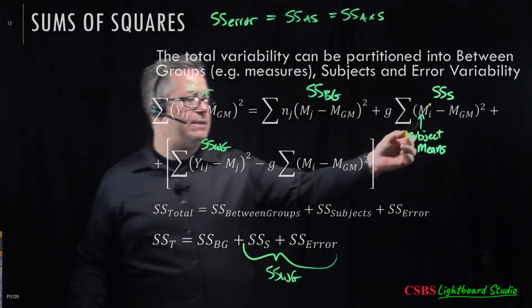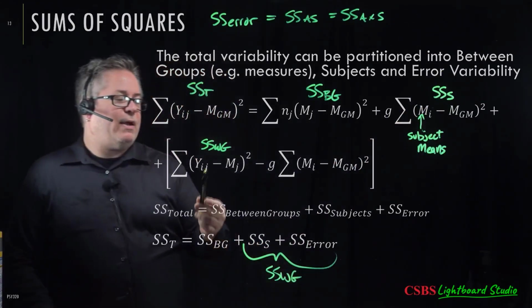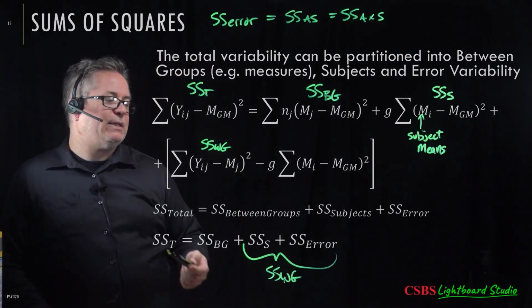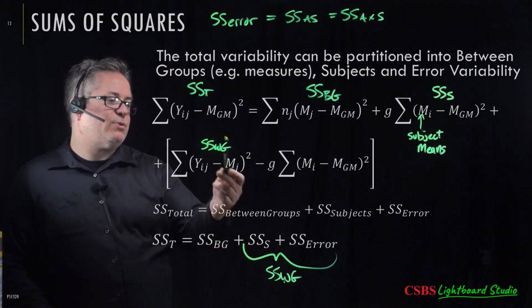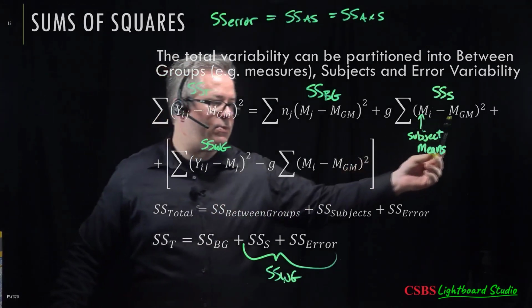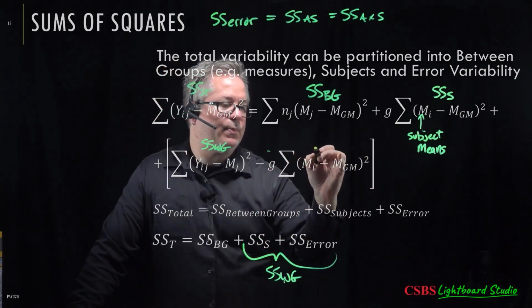So I found S by itself here. So now I'm finding the overall within groups. To get the sum of squares for error, I'm going to take that sum of squares within groups and subtract out that sum of squares for S we already found. So this is sum of squares for S.